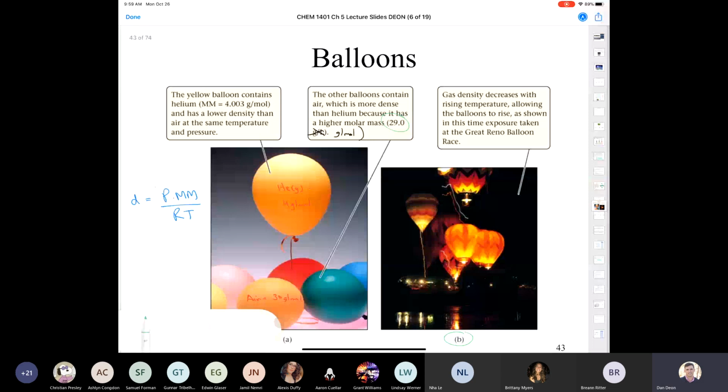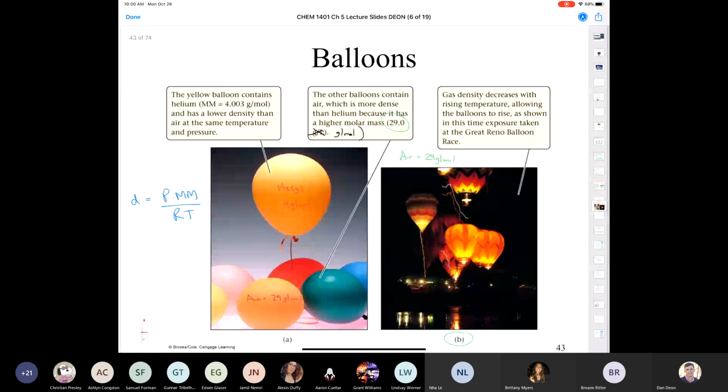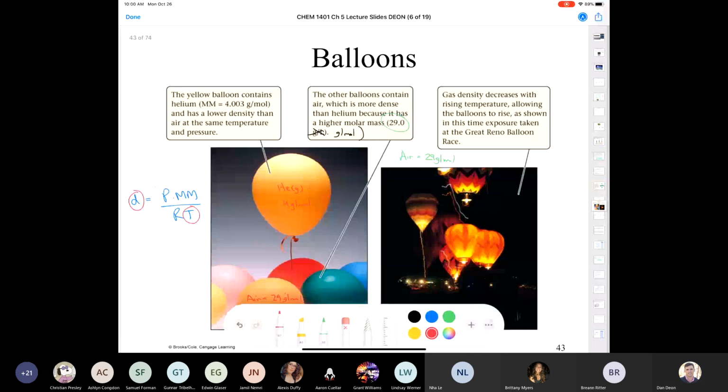Okay, if you're a stickler, I'll delete that and we'll put in 29 grams per mole. Okay, good enough. But what do we know? We know that density is inversely proportional to temperature. So as temperature goes up, density is going to go down. As the balloons get hotter, the density of the air inside gets less and less. And that's why a hot air balloon floats. The same rationale applies on the other side.